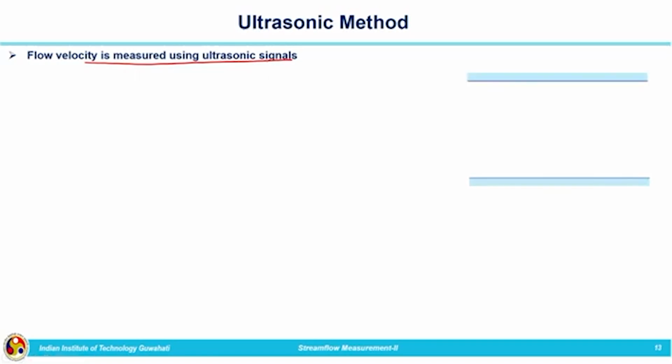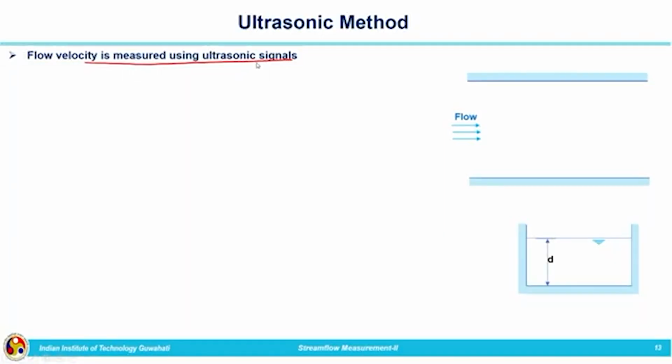This is the river section we are considering and the flow is taking place along the river, and the cross section of the stream is marked like this. It may not always be rectangular, it can have an irregular cross section also. In such cases, we have to provide a regular cross section for measurement convenience. Water level is up to a depth of small d in the river and the base width of the river is small b.